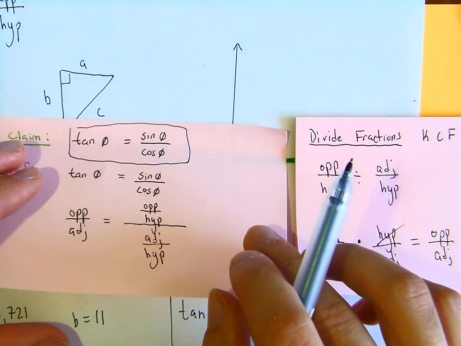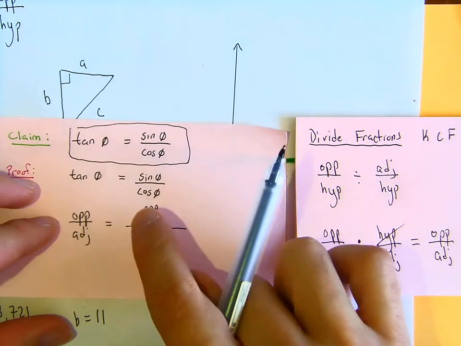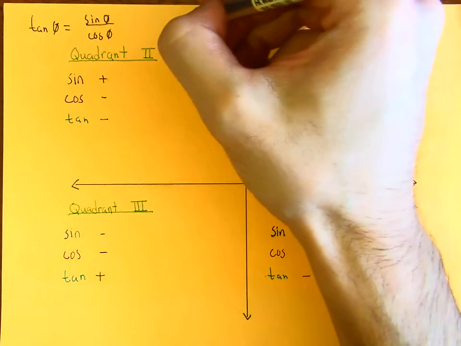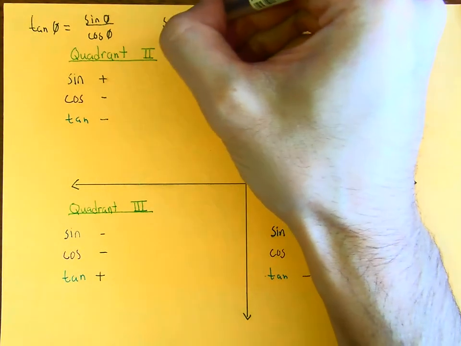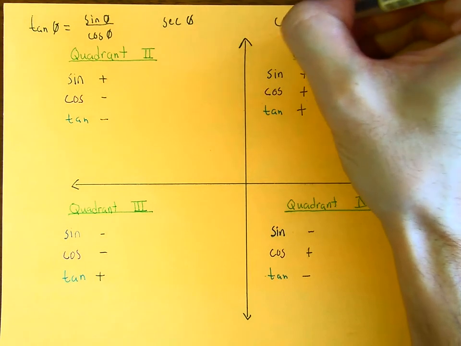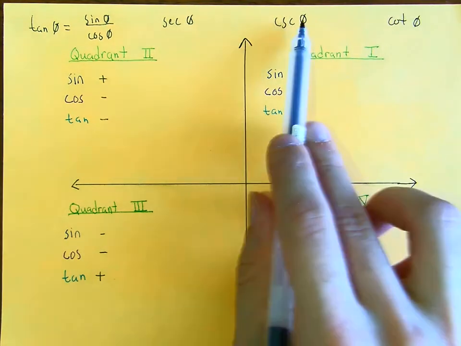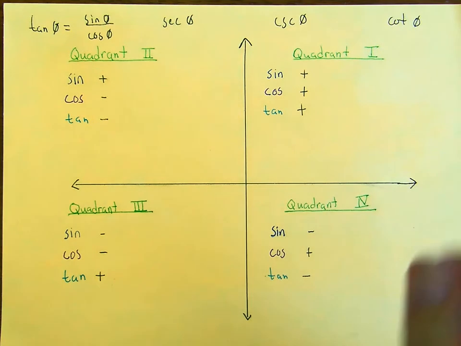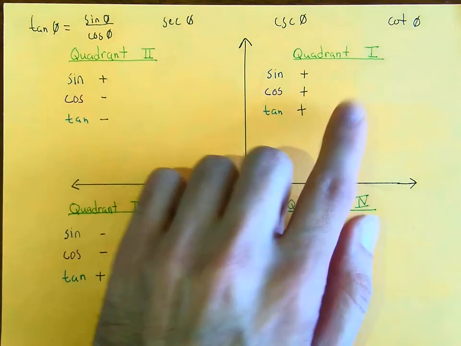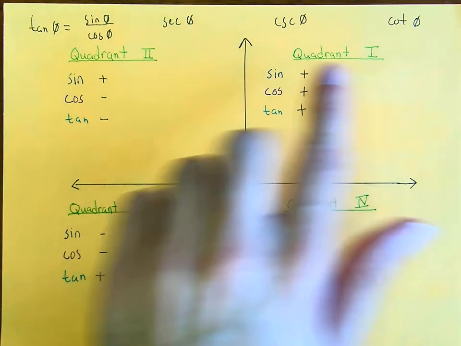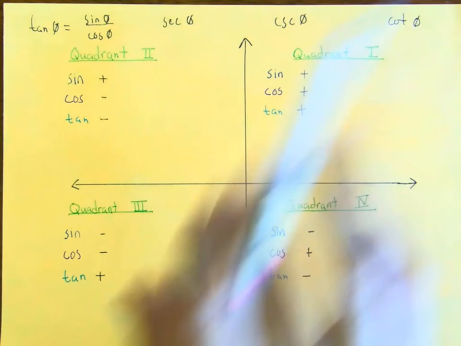And in the next lesson, we talked about sine, cosine, tangent. What about secant theta, cosecant theta, and cotangent theta? Secant theta will be positive where? Negative where? Cosecant, positive where? Negative where? And we'll do that in the next video.